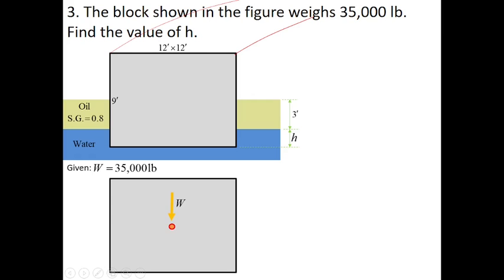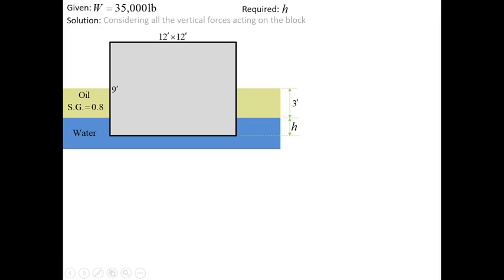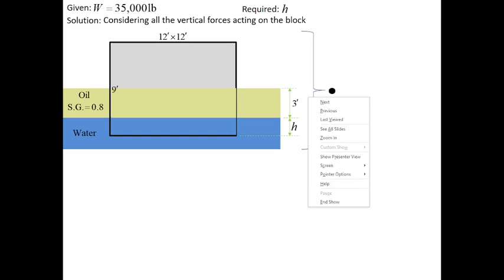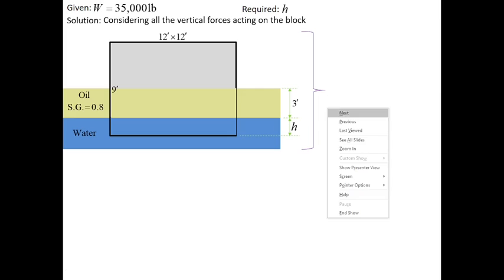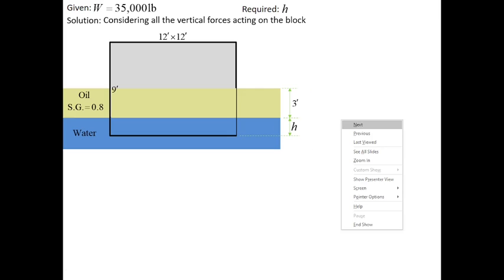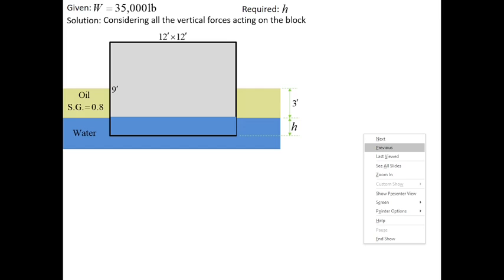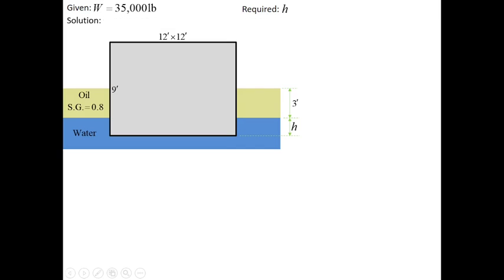So, the weight is 35,000 pounds. Yun ang given sa problem. And required natin ay height. So, kung ganon, kung ang required natin ay height, okay. So, solution to the problem, considering all the vertical forces acting on the block. So, consider lahat natin ng forces acting on the block.